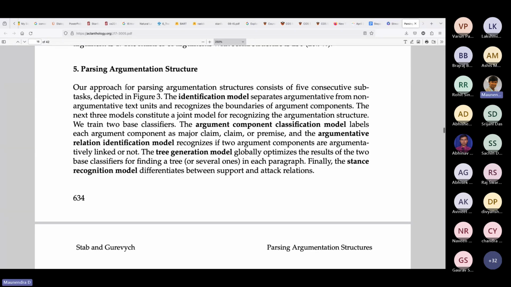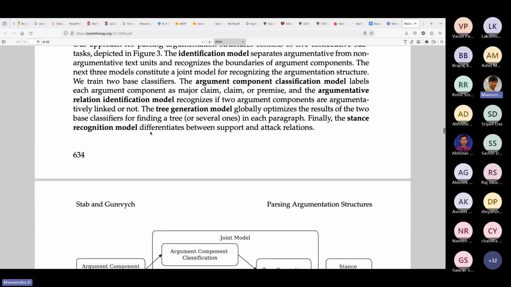Then they provide a model for parsing this argument structure: component identification, component classification, relation identification, and then tree generation. So you identify the components, then you classify them, which one is claim, which one is premise. Then you see which one supports, which one refutes, the connection between them. And then from that, the tree generation. And finally, the stance recognition.